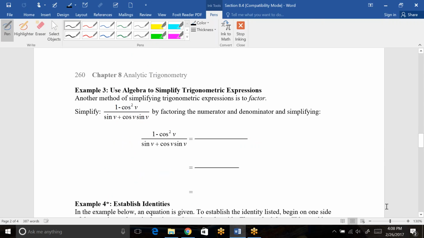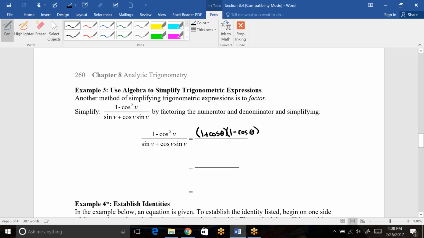Example 3, we could try factoring. So again, just showing you different methods to how we could work some of this out. I think with the top here, I could try to use perfect squares. This would be 1 plus cosine theta and 1 minus cosine theta. Because remember, we've already practiced that a couple times.